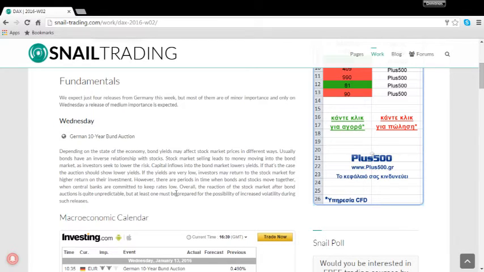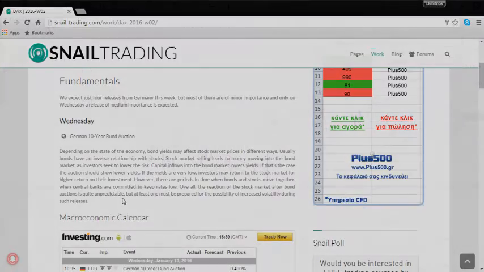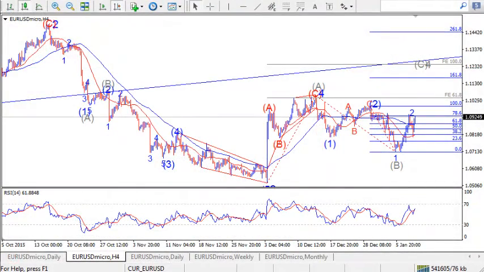A clear example was also the euro dollar during, as I said before, the ECB event. We had our technical analysis here showing that prices were testing that trend line from above, and exactly during the event, the bounce.